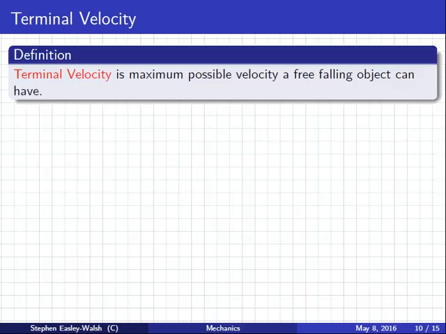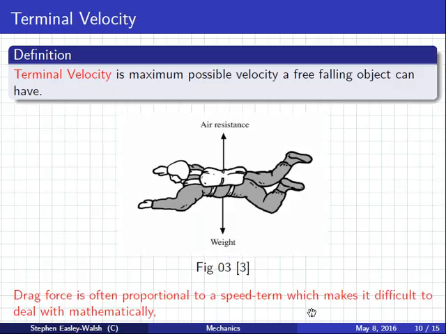Right. So here's our man jumping out of the plane. There's a weight, of course, pulling him down, and an air resistance or a drag pushing him up. And they're balanced, they're equal when he's at his terminal velocity.